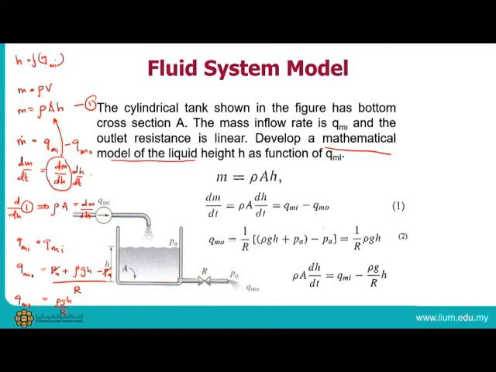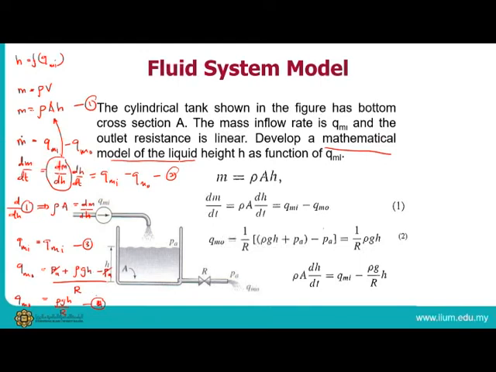This one, m dot equal to Qmi minus Qmo, is equation number 2. The expression for Qmi is equation number 3, and Qmo is equation number 4. Sorry.